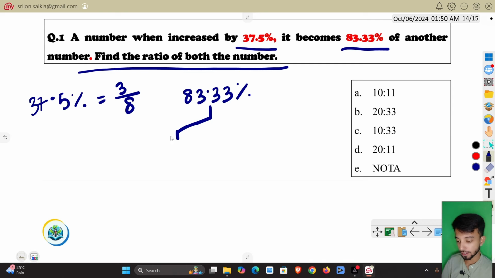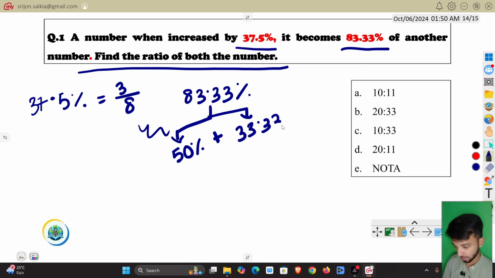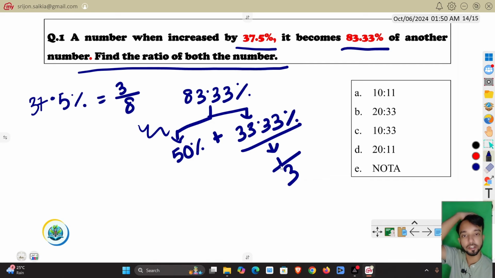How will we find the value of 83.33%? We can find it as 50% plus 33.33%. Just remember the value of 33.33% is 1 by 3. Similarly, the value of 50% is 1 by 2.